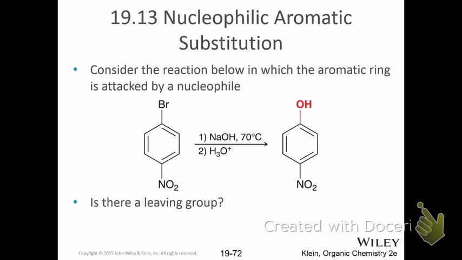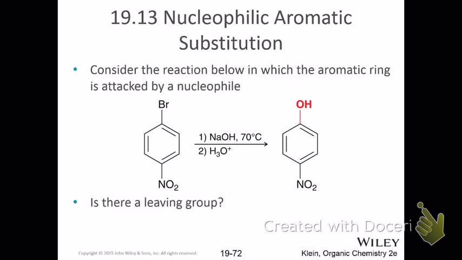But still, benzene is not really amenable to this kind of reaction because it has that electron cloud. The nucleophile would have to penetrate the electron cloud, which is questionable, and get to the carbon and then displace something.